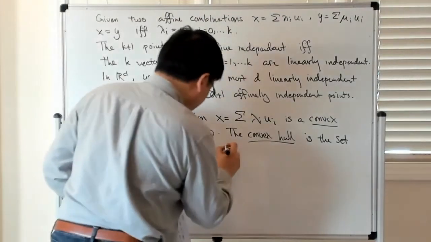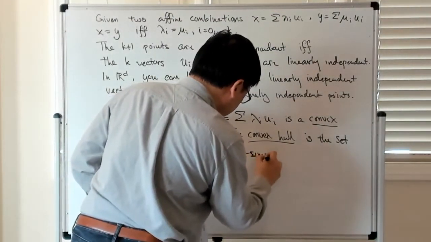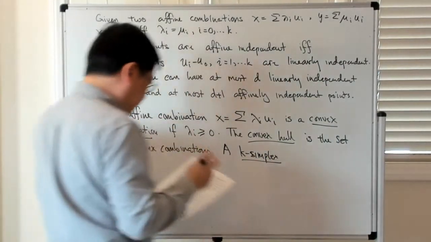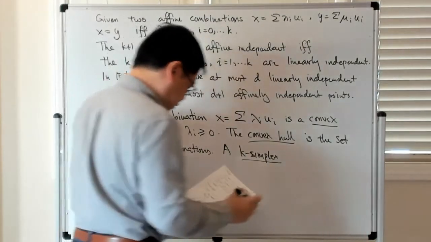So a k-simplex is the convex hull of k plus 1 affinely independent points.